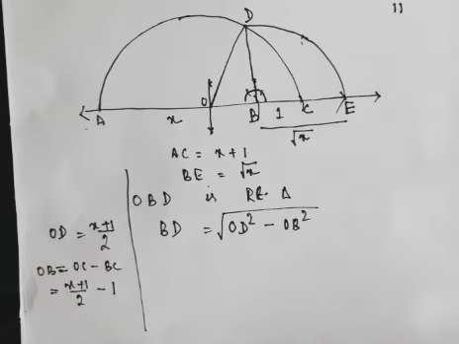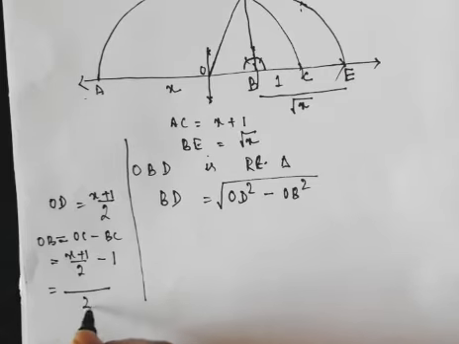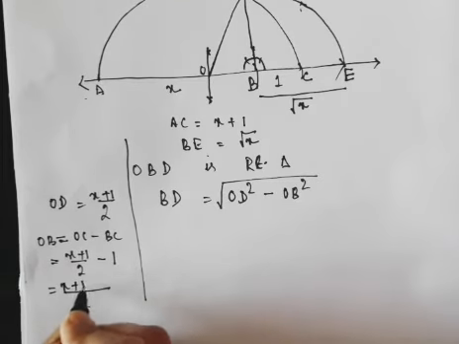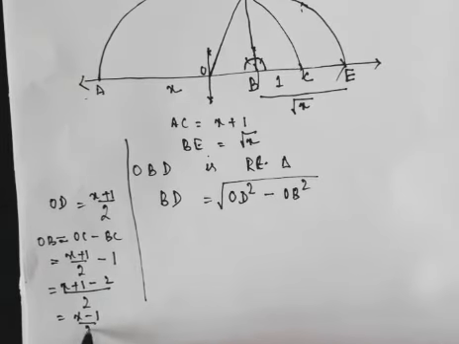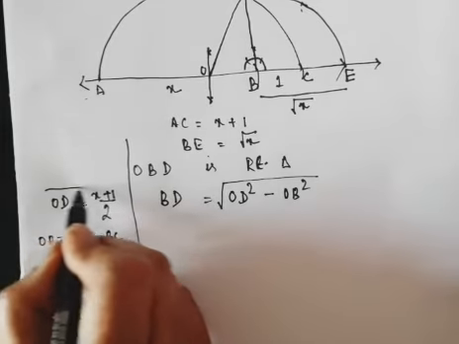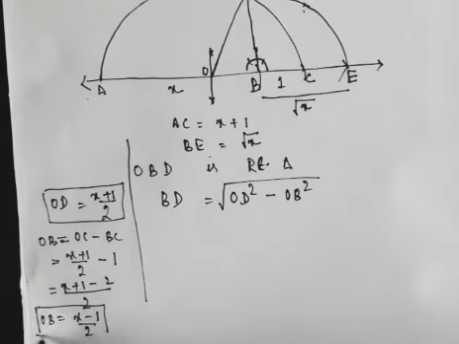BC is equal to 1. So what are we going to get now? The LCM is 2. x plus 1 minus 2, that is (x minus 1) by 2. So your OB is equal to (x minus 1) by 2, and OD is equal to (x plus 1) by 2.